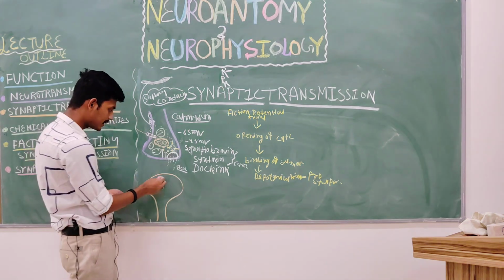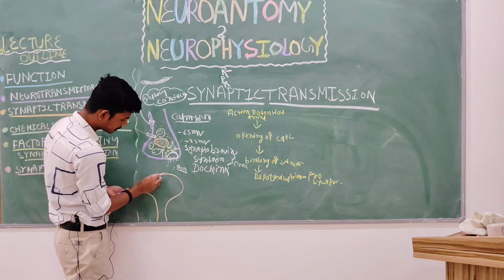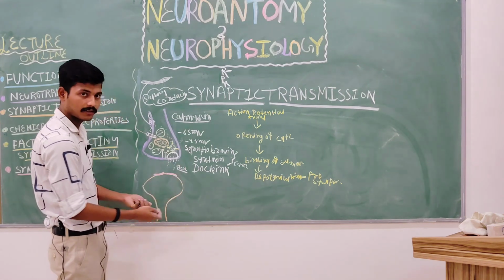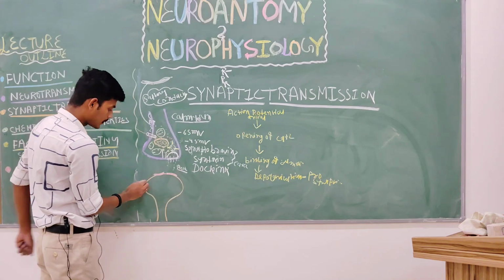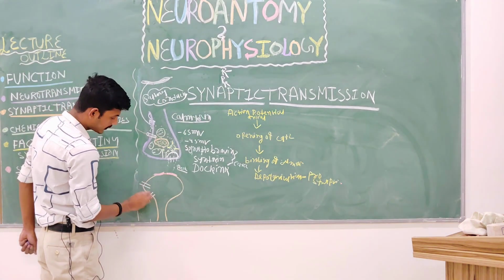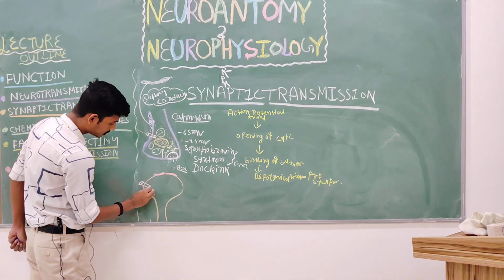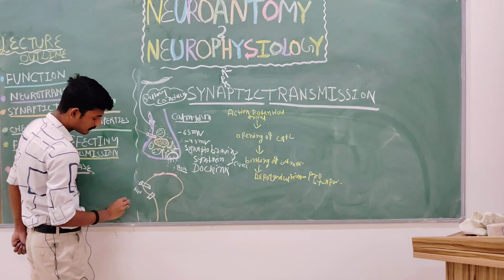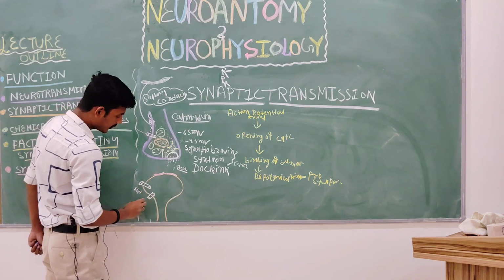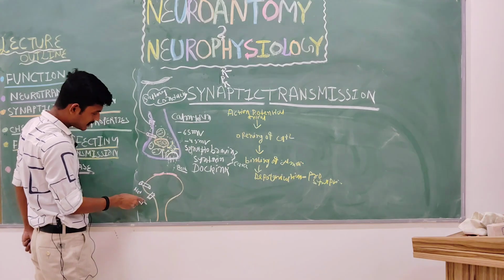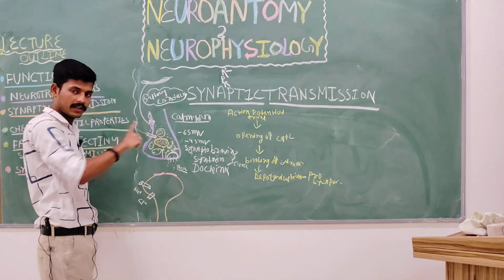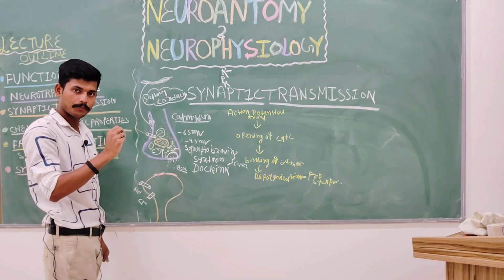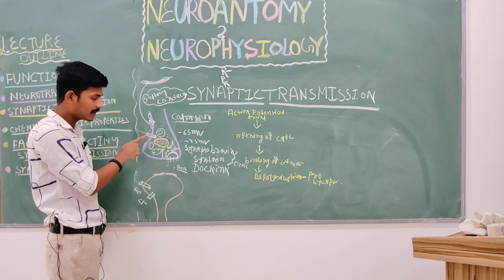The thing present is the receptor, and since it is also a membrane, it is also holding some channels. One is the sodium channel and one is the chloride channel. These channels are also present in this membrane as well.